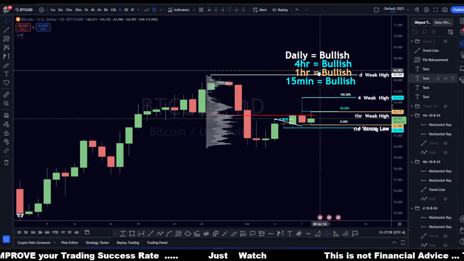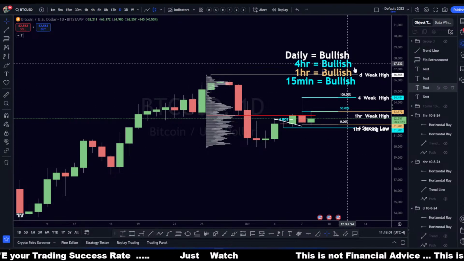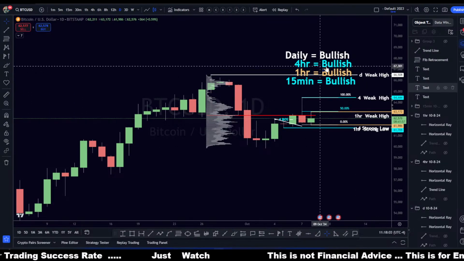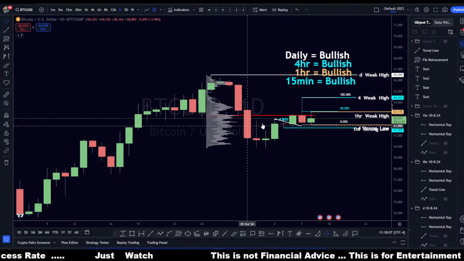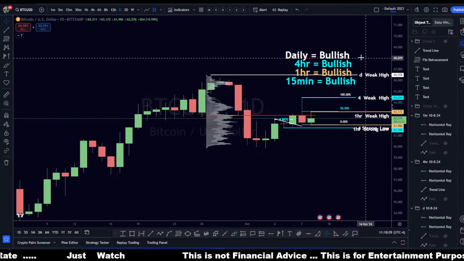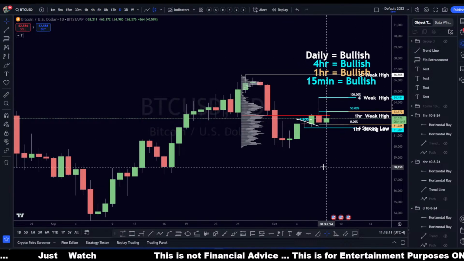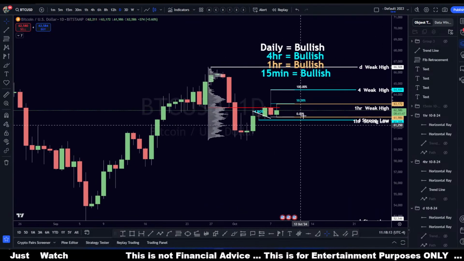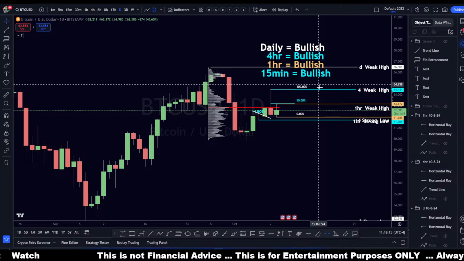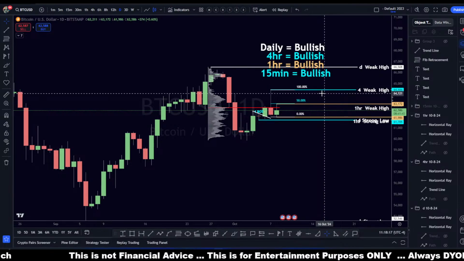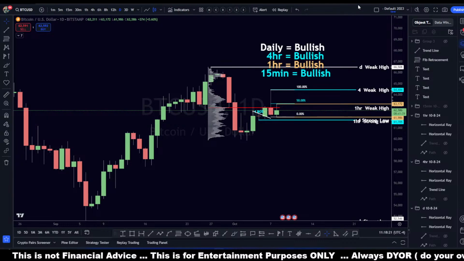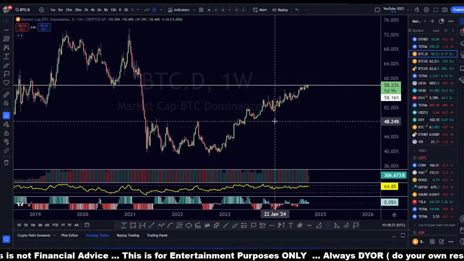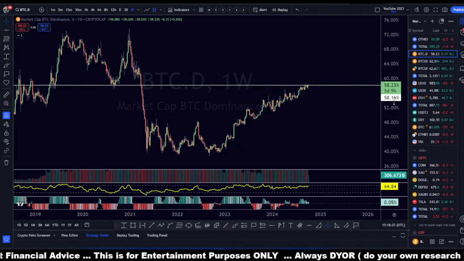If we come up here, we don't break above and maintain this, there's a really high possibility that it might come down hard, just like how it did here. But it might come up a little bit higher and then eventually come down. If that happens, Bitcoin will be selling off. People will be freaking out. People will sell their altcoins. And because they're selling their altcoins, Bitcoin dominance will go up.